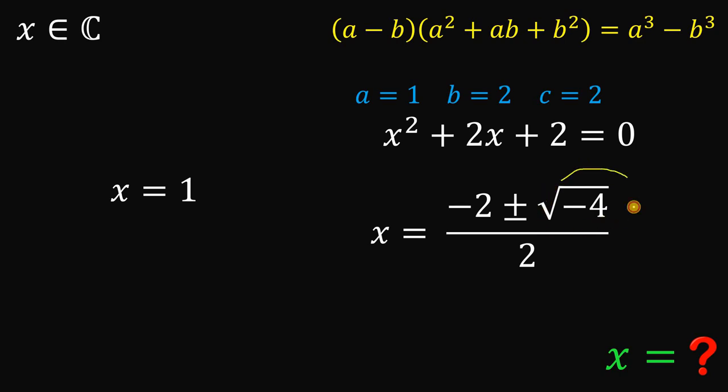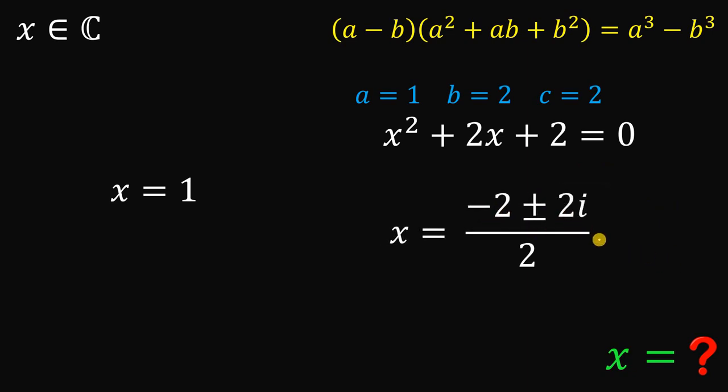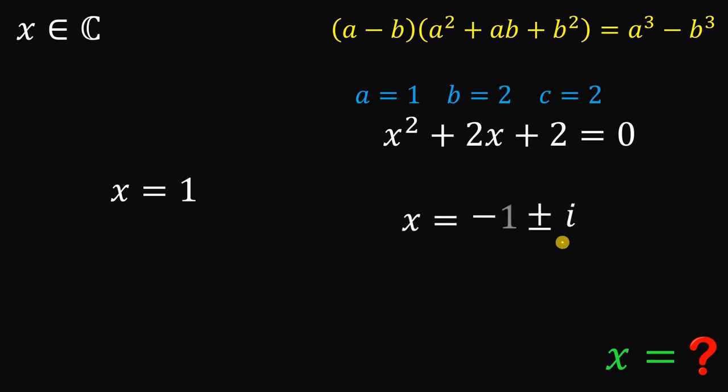And the square root of negative 4 is equal to 2i. So, this is just 2i. And negative 2 plus or minus 2i, if we divide this by 2, we get negative 1 plus or minus i. And this is our second and third possible values of x.